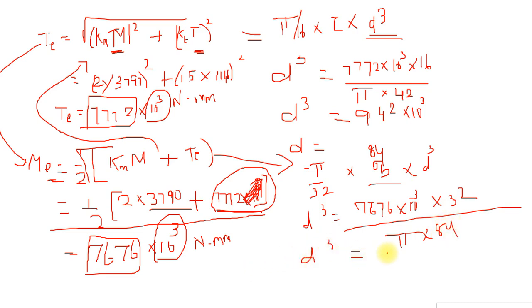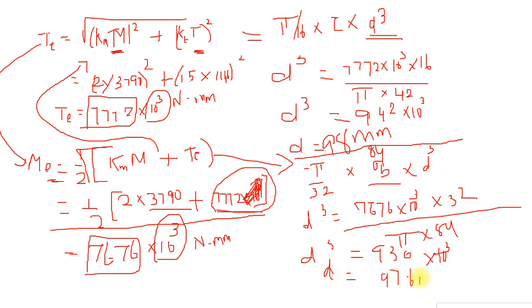The d cube value will be around 930 into 10 to the power 3. So with the equivalent twisting moment, the diameter value would be around 98 mm, and with the help of the moment value, the diameter will be around 97.6 mm.